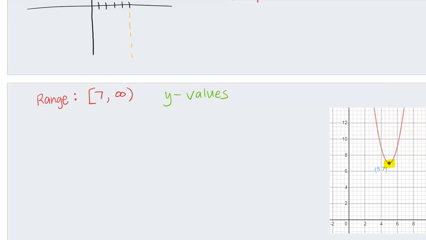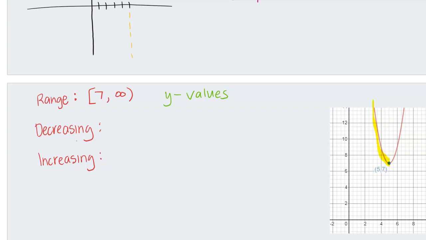The other thing that we wanted to know is where the graph is increasing and decreasing. Here, the graph is decreasing until we get to where x is equal to 5.